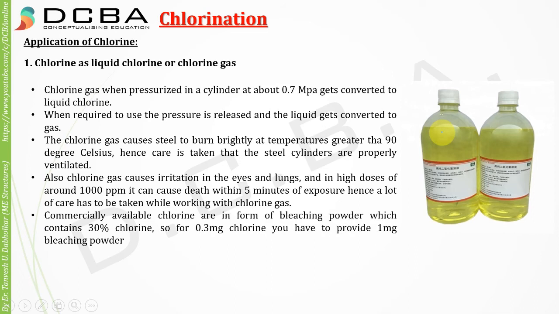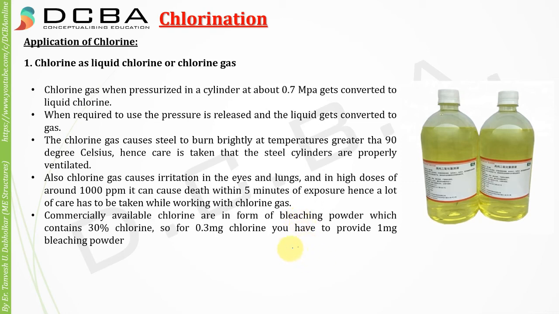Commercially available chlorine is in the form of bleaching powder, which contains 30% chlorine. So for 0.3 milligram chlorine, you have to provide 1 milligram bleaching powder. This is bleaching powder we all know, right? It is used for various purposes from cleaning to all other, and it is commercially available as well.